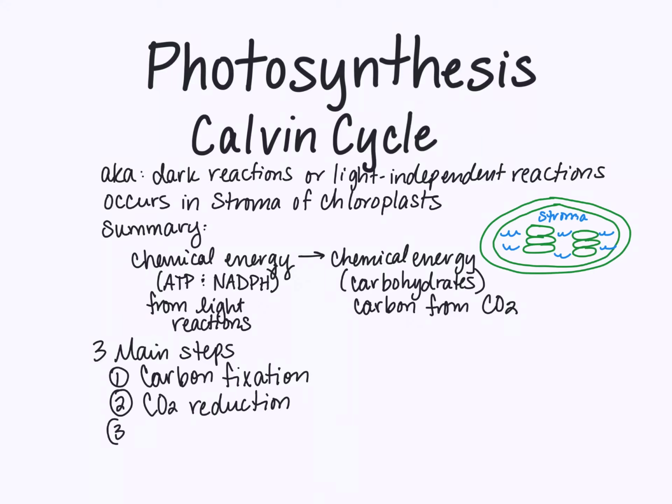And the third step is the regeneration of a molecule abbreviated as RUBP. On the next several pages, we will talk more about the reactions that happen during these main steps of the Calvin cycle to learn how these carbohydrates are made from molecules of carbon dioxide.